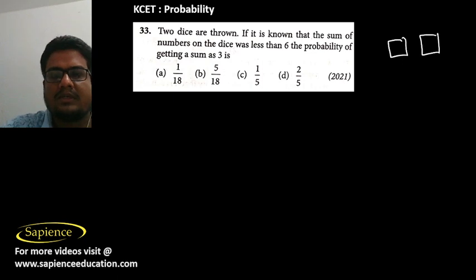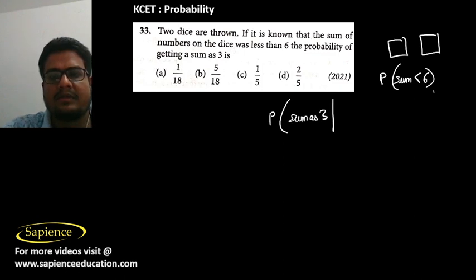If it is known that the sum of the numbers on the dice was less than 6, the probability of getting a sum as 3 given that the sum is less than 6, that will be how much? So that will be the probability.